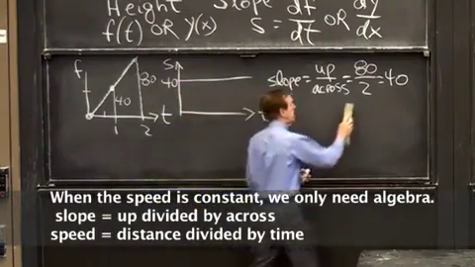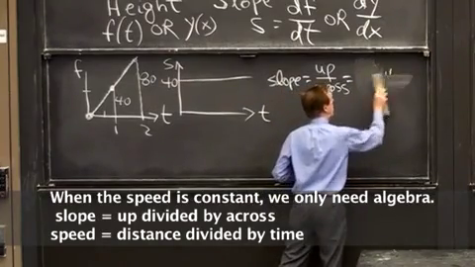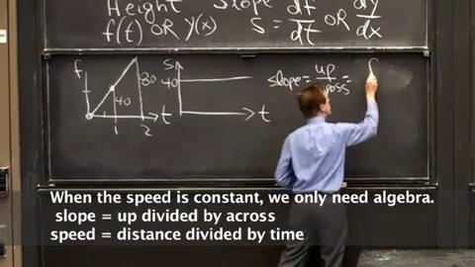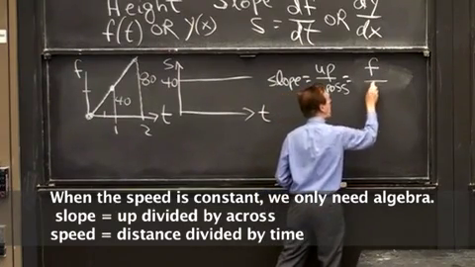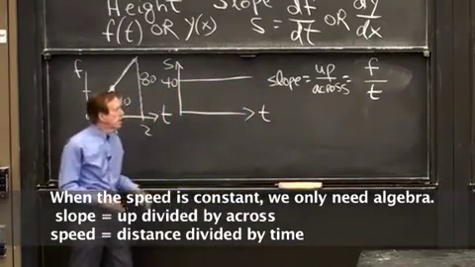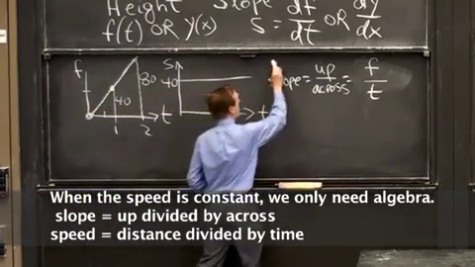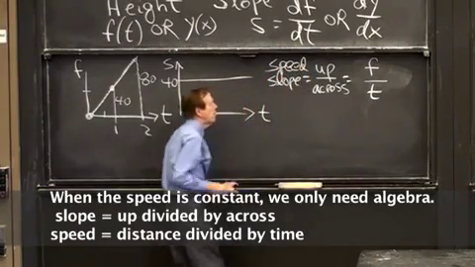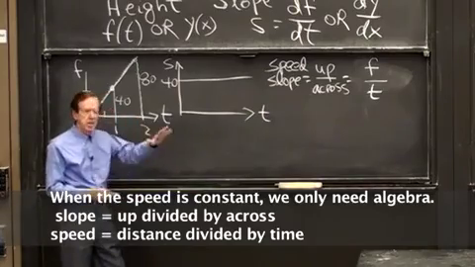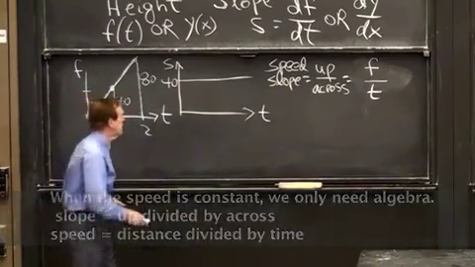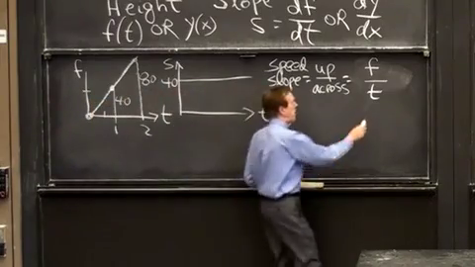Because the speed is constant, we can just divide the distance by the time to find this slope, let me write speed also. Up over across, distance over time, f over t, that gives us s. This is s.